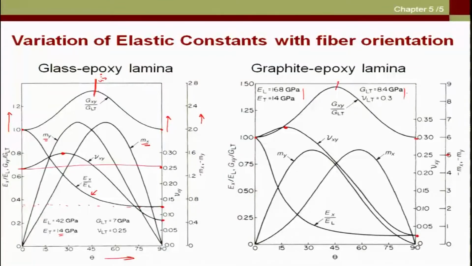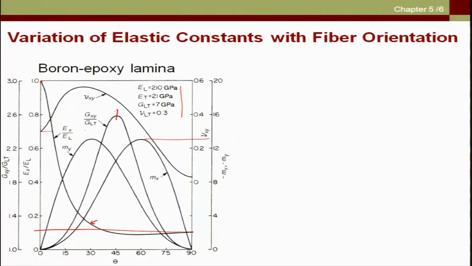And for boron epoxy, it starts from 0.3 at 0 degrees, and it actually rises very significantly, approaching something like 0.55 at around 25 degrees, and then from there it starts decreasing, and it becomes extremely small, about 0.03, somewhere in that range when theta equals 90 degrees.